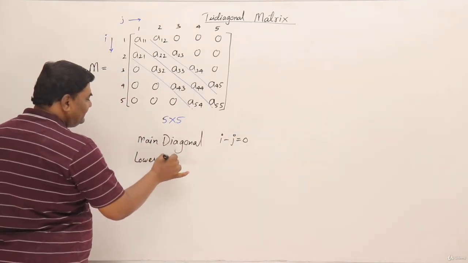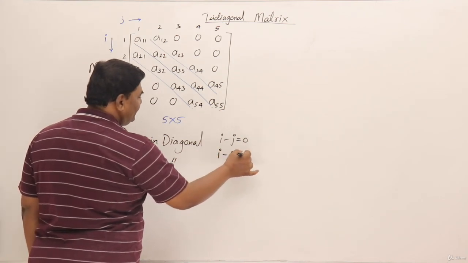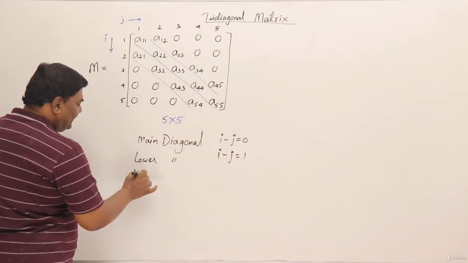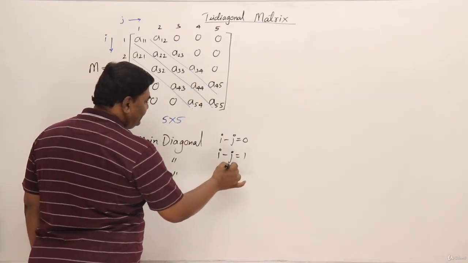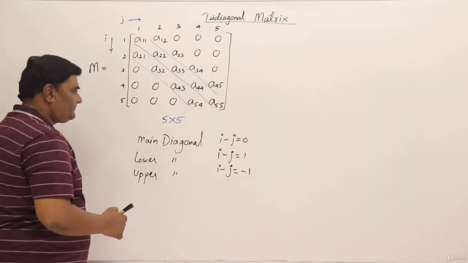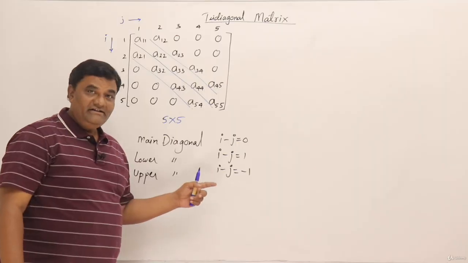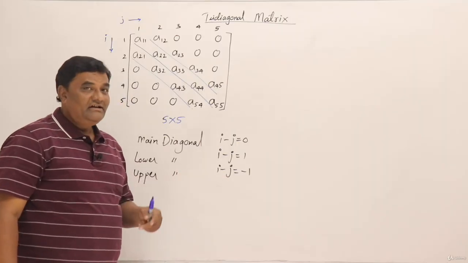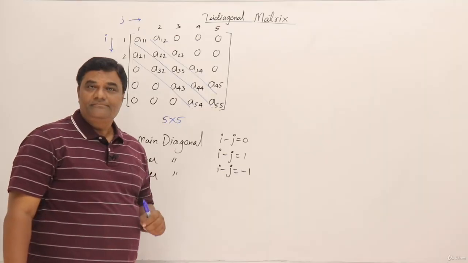Then the lower diagonal elements satisfy the property that i minus j is equal to 1. And the upper diagonal elements satisfy the condition that i minus j is equal to minus 1. If you subtract, you get minus 1. So the elements whose row number and column number, that is indices, satisfy these conditions must be non-zero and all other elements must be 0.